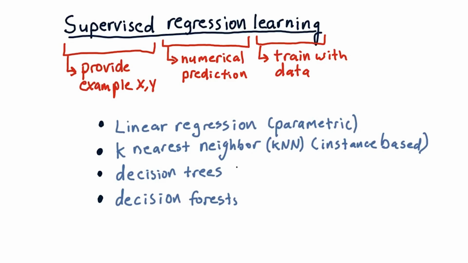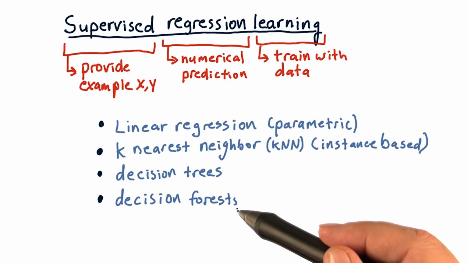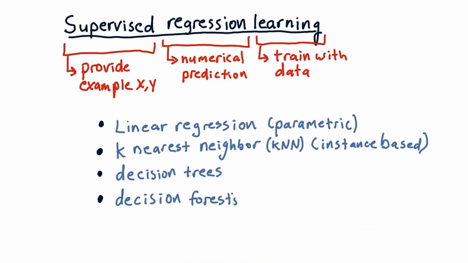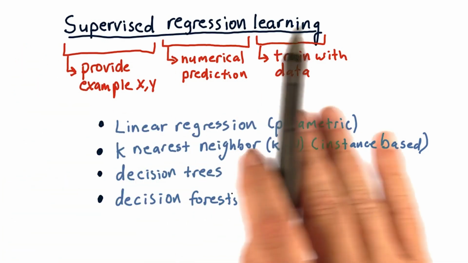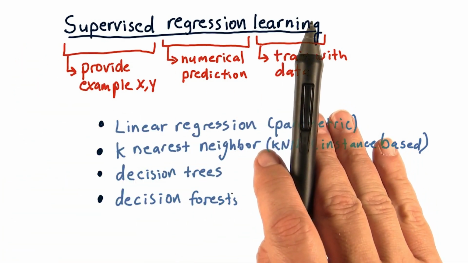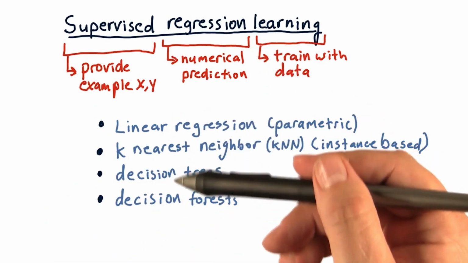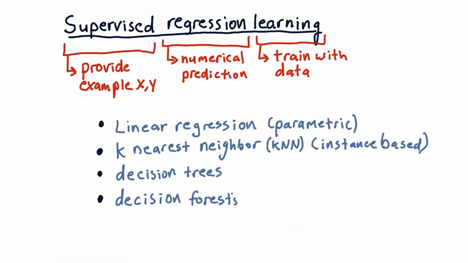And eventually we reach a leaf, and that is the regression value that's returned. Decision forests are simply lots and lots of decision trees taken together, and you query each one to get an overall result. So this is a definition of supervised regression learning, which we're going to use a lot, and these are various algorithms that solve that problem.